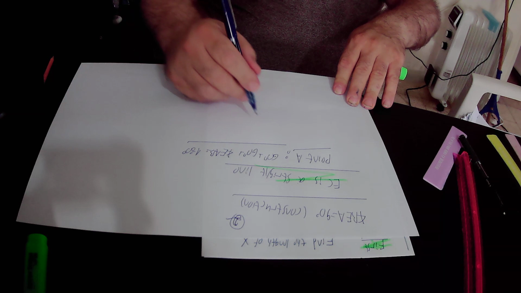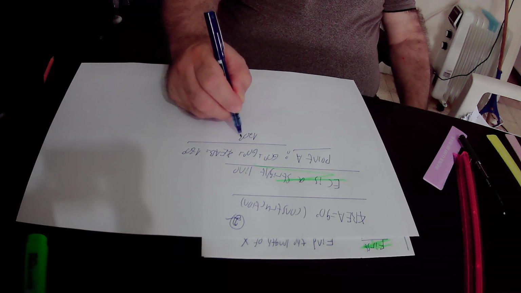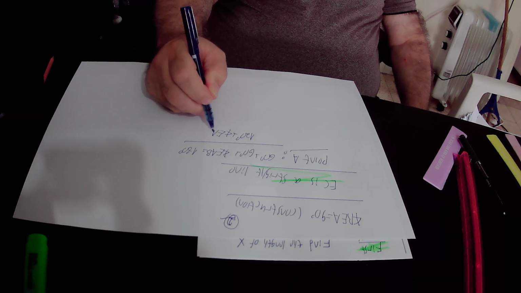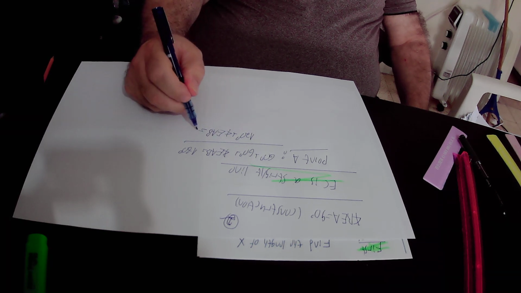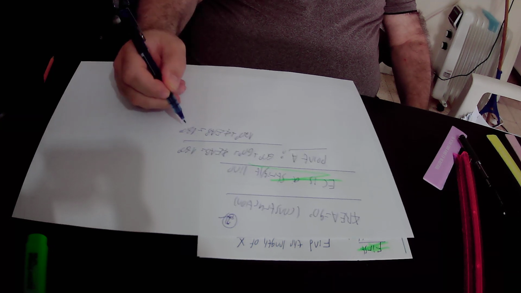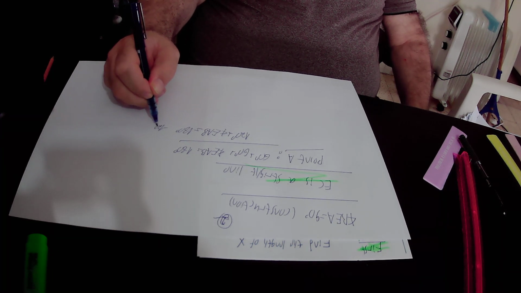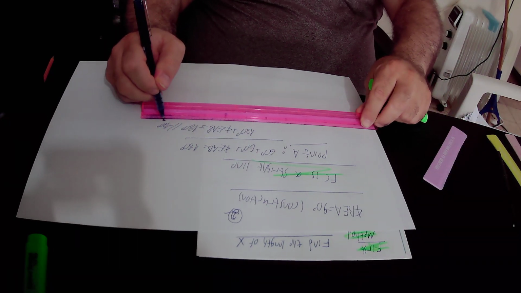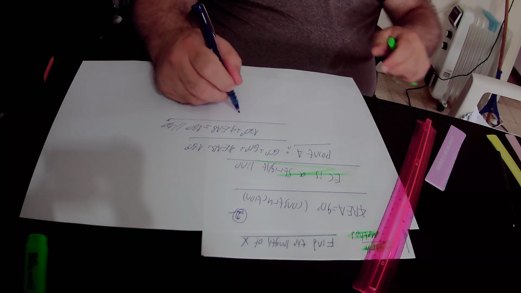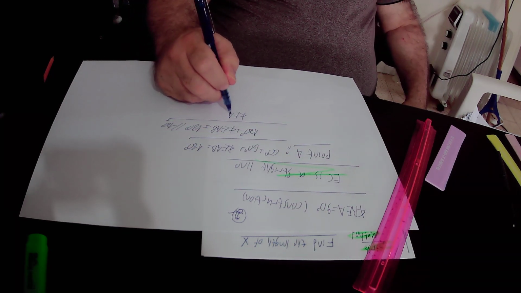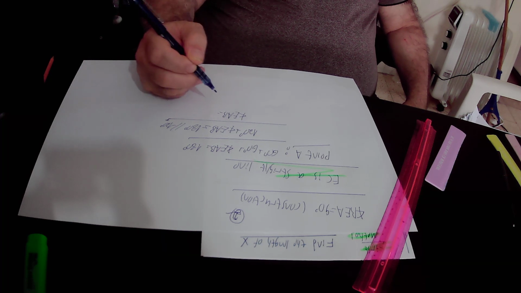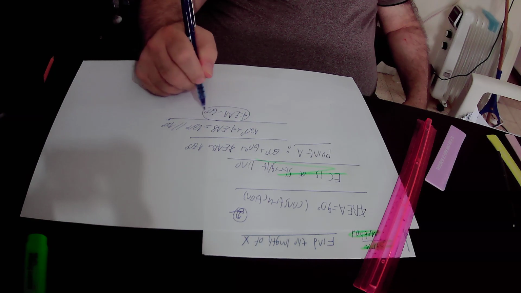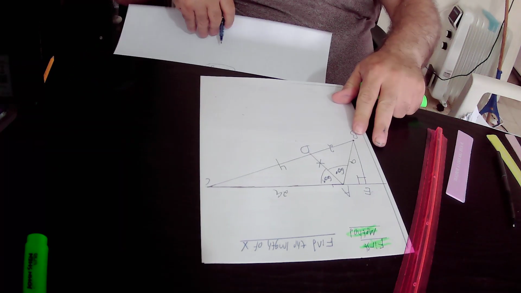Here 60 degrees plus 60 degrees is 120 degrees, so we have 120 degrees plus angle EAB. In total, the sum of those angles must be equal to 180 degrees. Here we subtract 120 degrees from this equation, and we get that the missing angle EAB equals 180 degrees minus 120 degrees, which is equal to 60 degrees.